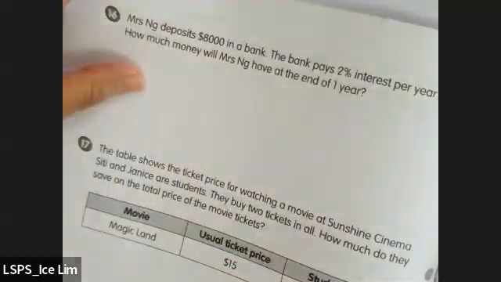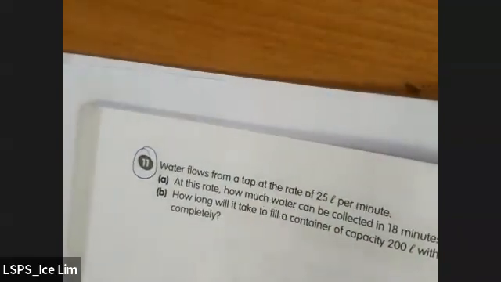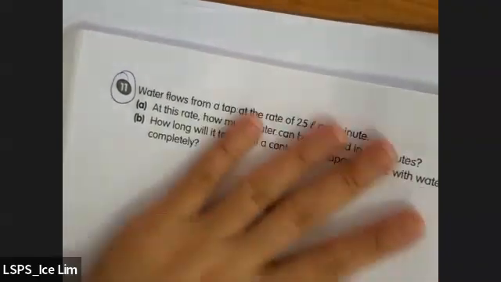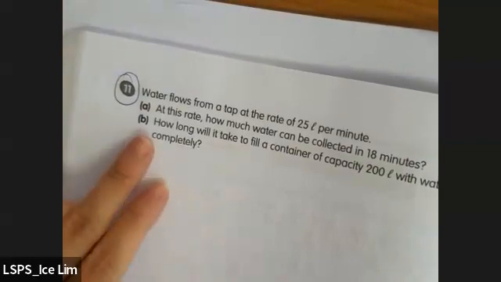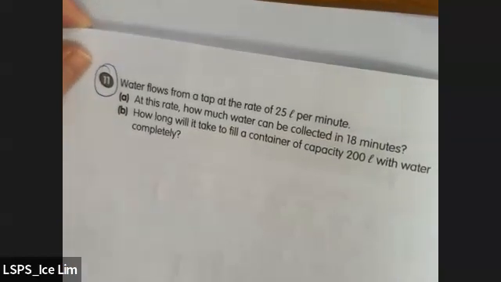And then the other question I want to go through is question 11. Okay, go a bit faster. I think question 11 will be quite fast. Okay, I'll go through question 11 first.